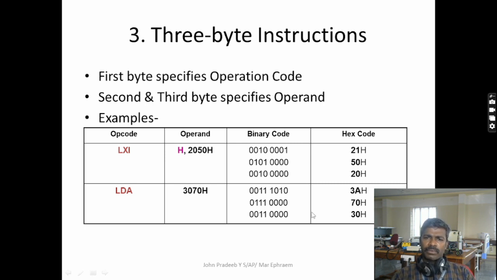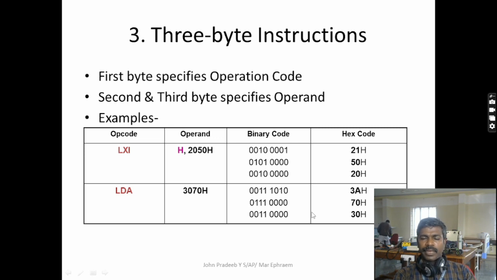The next we are going to learn about the 3 byte instruction. All these classifications depend upon the size of the instruction. Here, what is the difference from the previous two? The first byte specifies the opcode, and the second and third bytes specify the operand.